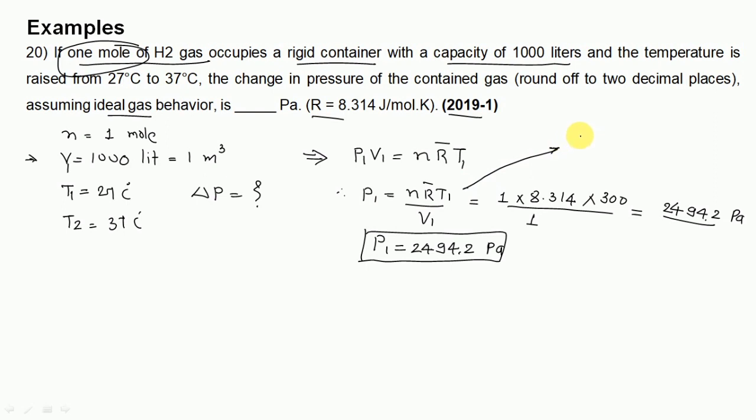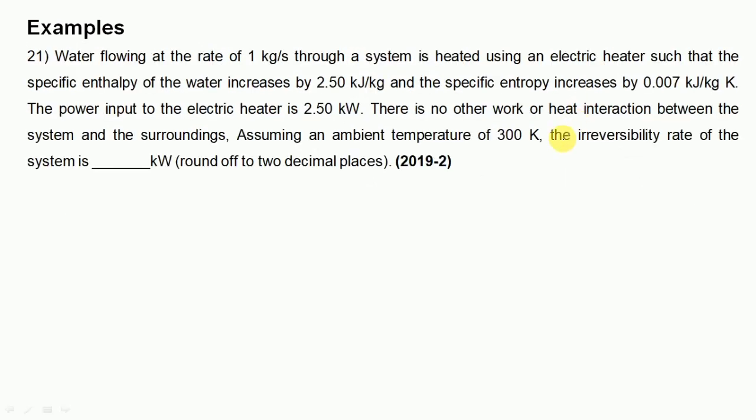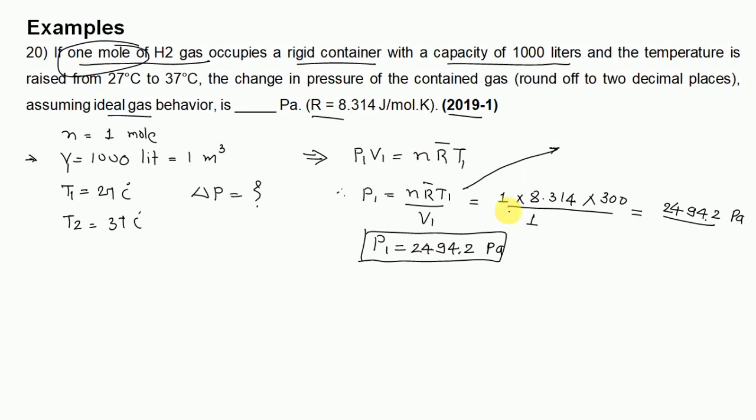Here n is in moles, R is in joule per mole Kelvin, T in Kelvin, and V in meter cube.